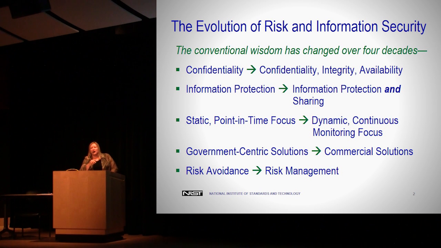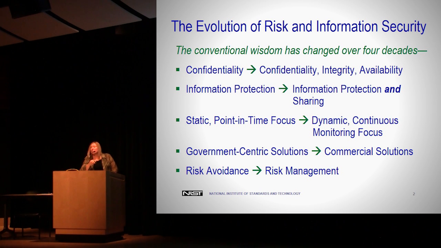That's why we need to make sure what our risk is so that we can communicate that to whoever we're sharing with. We used to have a static point in time focus. We would do an assessment and then that was it. Now we're focused more on ongoing situational awareness, dynamic and continuous monitoring, right?